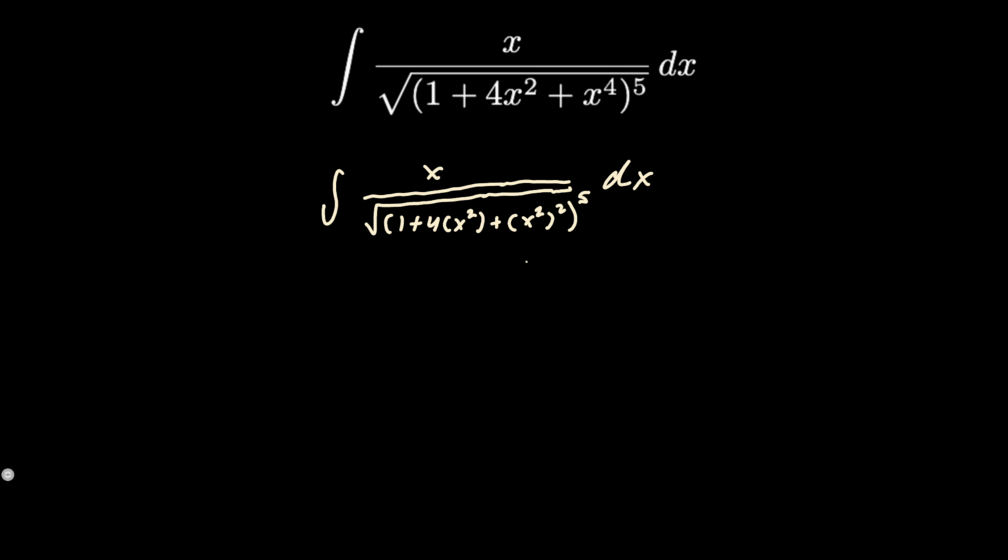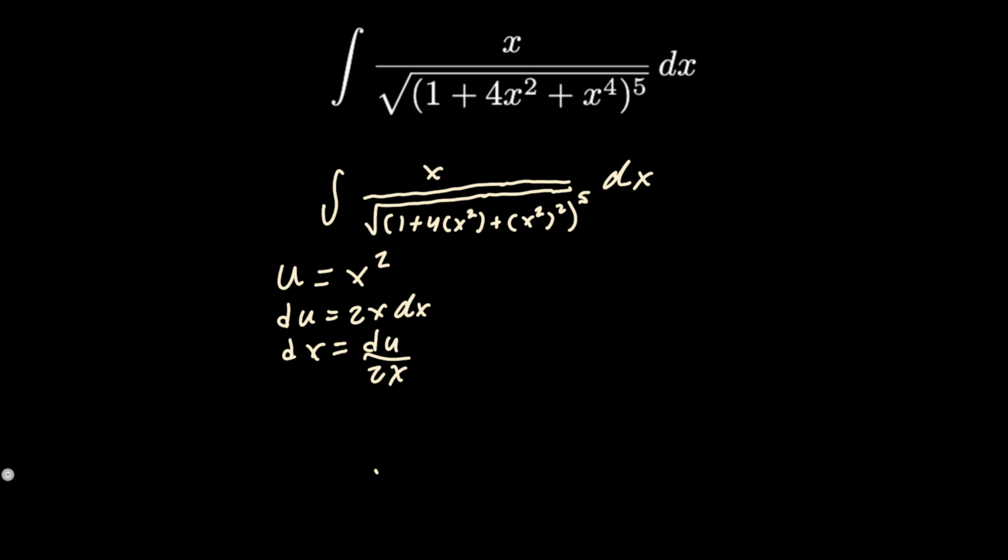And we're going to have u be equal to x squared, and the derivative is 2x dx, and so for dx we get dx equal to du over 2x, and so we have an x in the top.